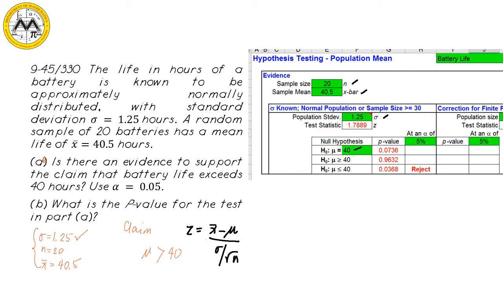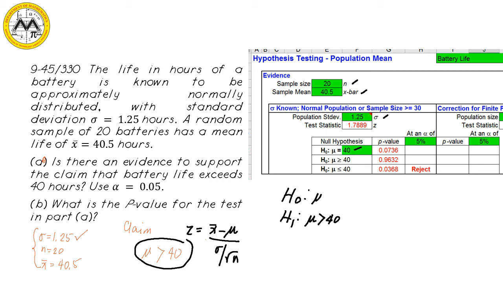Is there evidence to support the claim that the battery life exceeds 40 hours? First, let's identify the null hypothesis and the alternative hypothesis. This is the claim, so we place this claim under the alternative hypothesis.